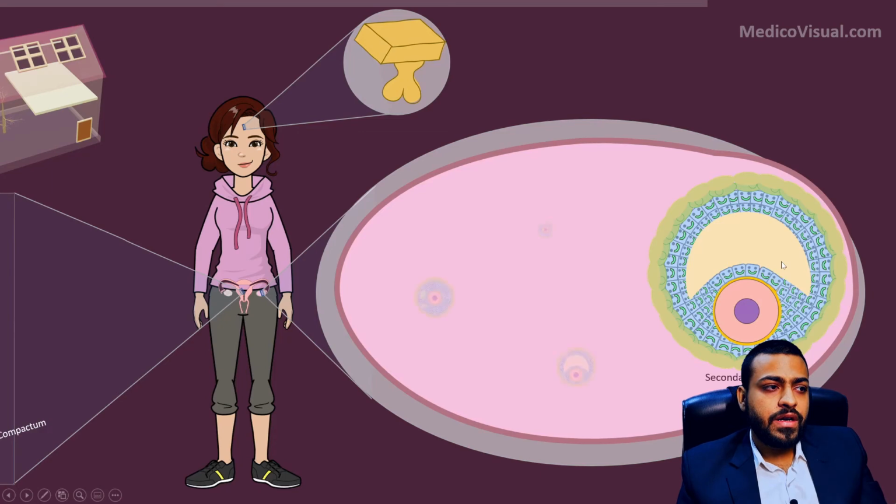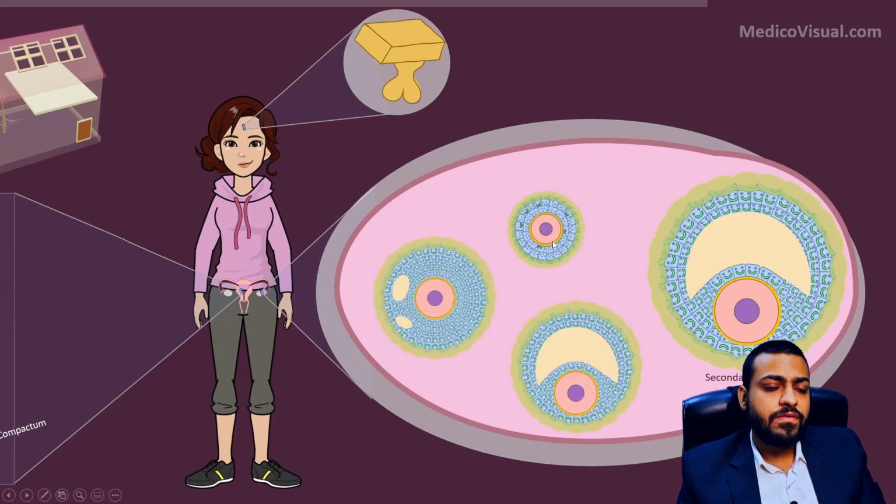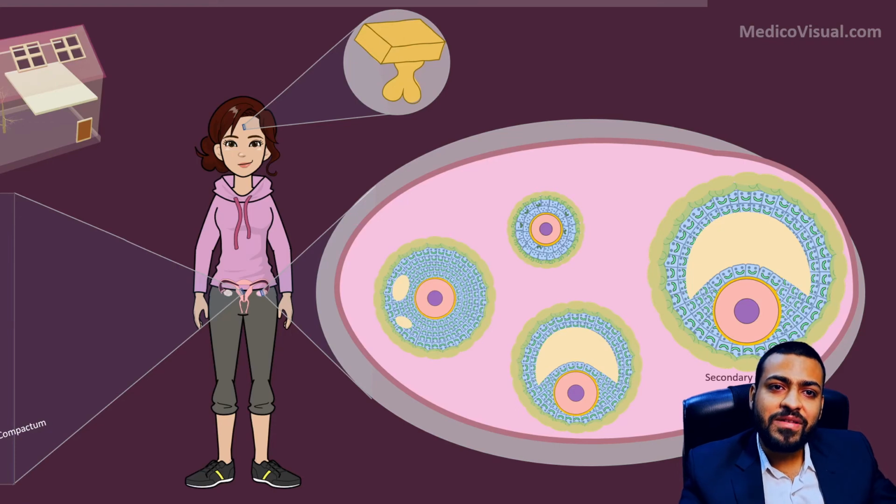So here what happens is that, of course, as I have told you, 15 to 20 primordial follicles started growing, but they were growing at their own pace. Some grow slowly, some grow quickly and swiftly, right? As you might have observed in your class, not every student is super brilliant and excellent academically.